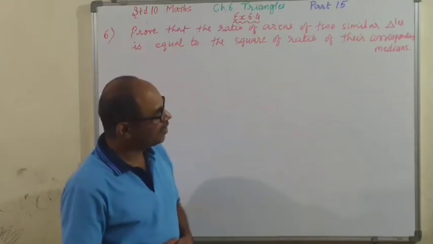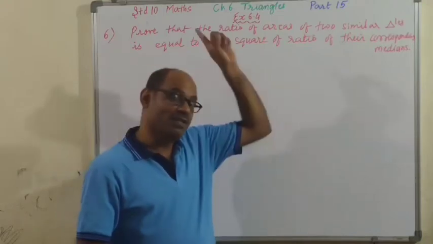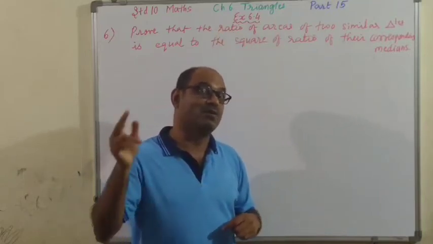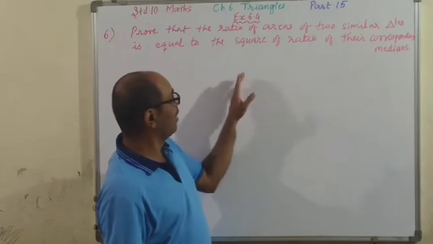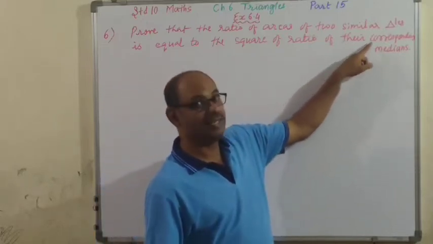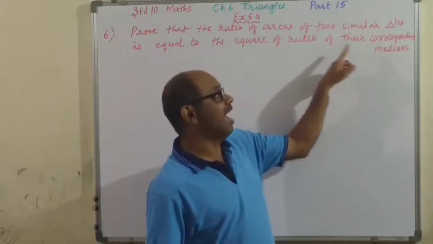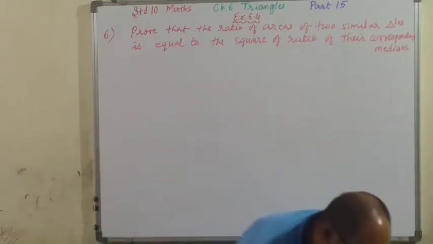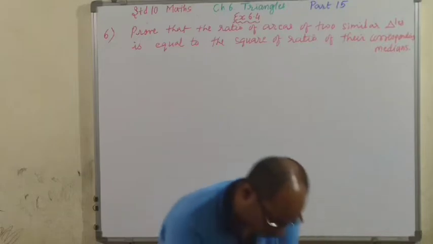Alright? Chaliye. But in the first case we had to prove AO upon BO. In the second case, we have to find the ratio. In the third case, again we have to prove, that is ratio of square of medians. Let's see.